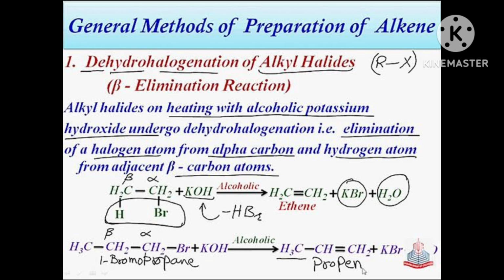Suppose hydrogen gas reacts with an alkyne, RC triple bond CR. R is an alkyl group, maybe ethyl, methyl, propyl or butyl, any group, long chain or short.